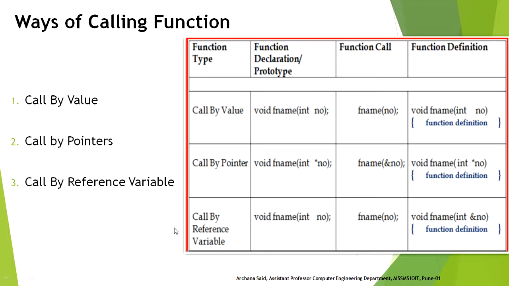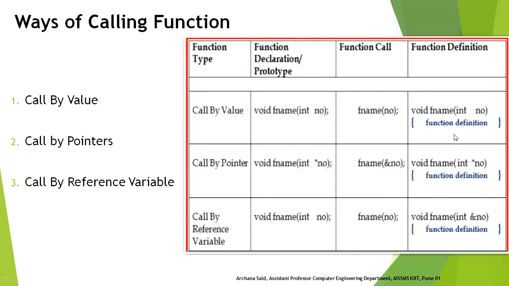So now we'll proceed to the different ways of calling a function if the function contains an argument or a list of arguments. These are the ways: call by value, call by pointer, and call by reference variable.